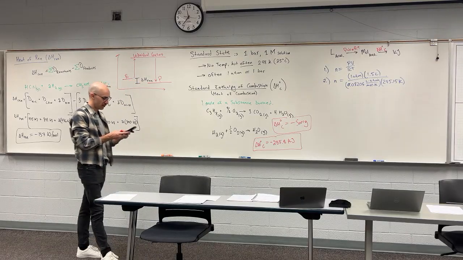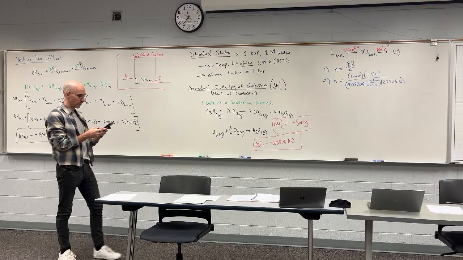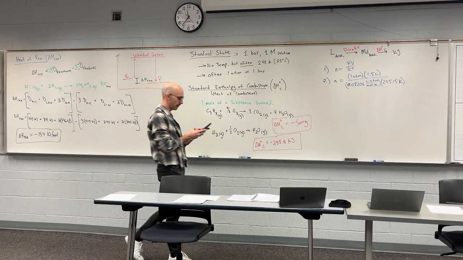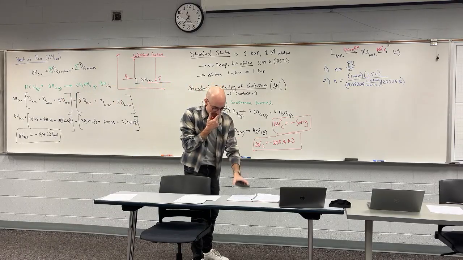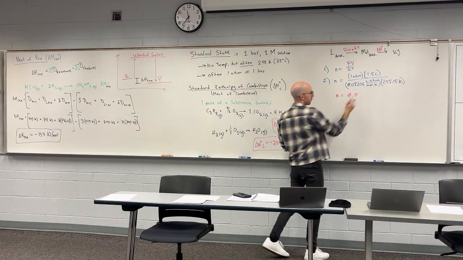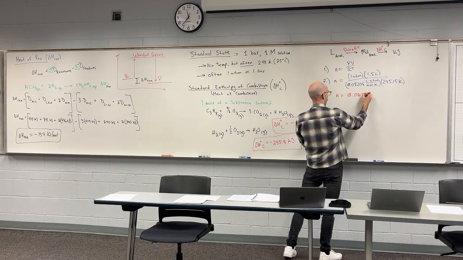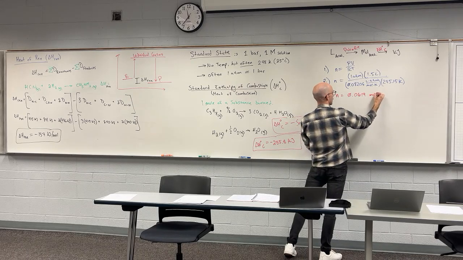1.5 divided by 0.08206 times 295.15. I get a number of moles here. N equals 0.0619 moles of acetylene.